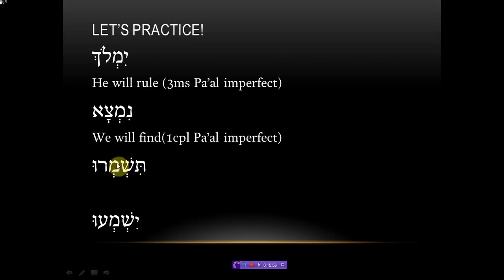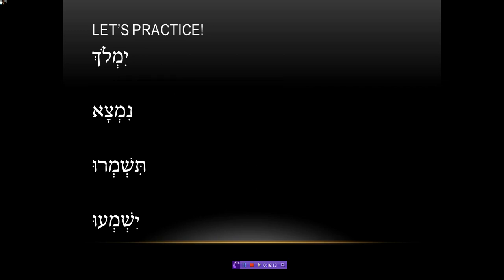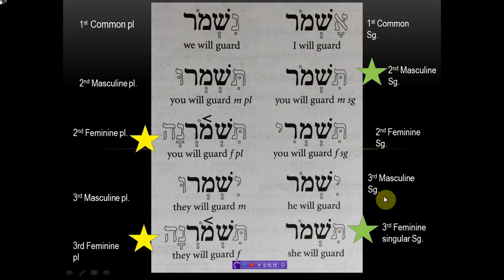And so that would mean that these two letters on the back end and on the front, the prefix and the suffix here, those are imperfect markers. Those are signal letters. So let's look back at our chart and see if we can figure out what those letters are telling us.